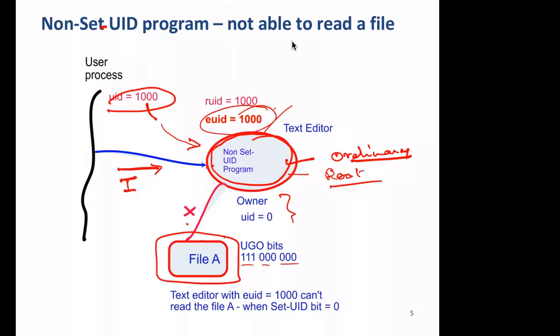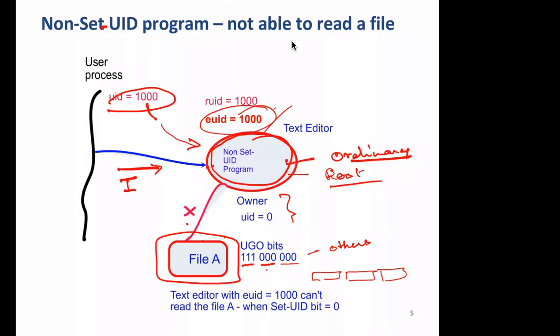It will find that I am in the others category, because I am surely not the owner, and I am also not part of the group. For every file, the members of the group are also specified. So I am part of others, which means only root has permission to read and write, and I will not be allowed.